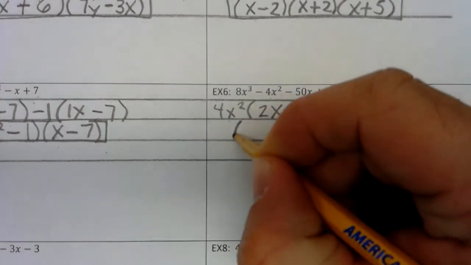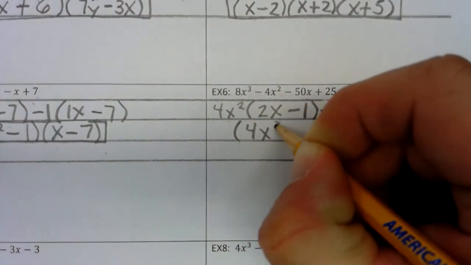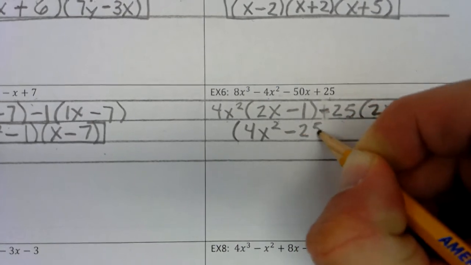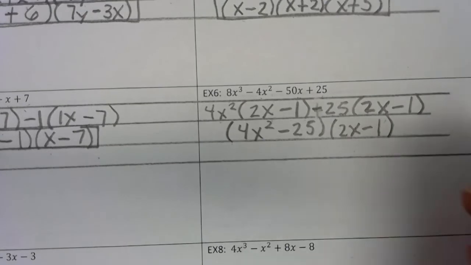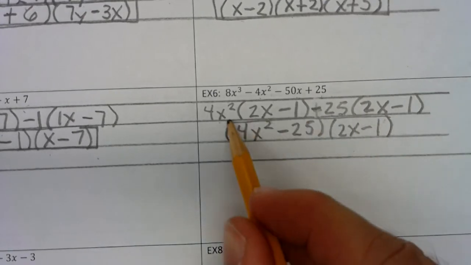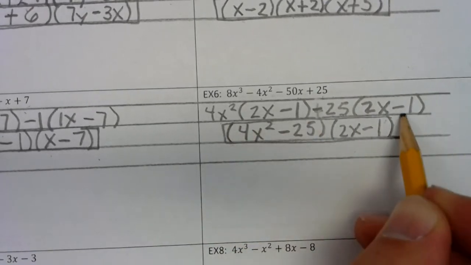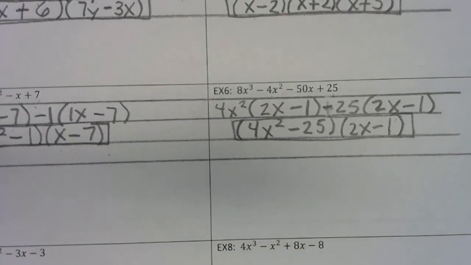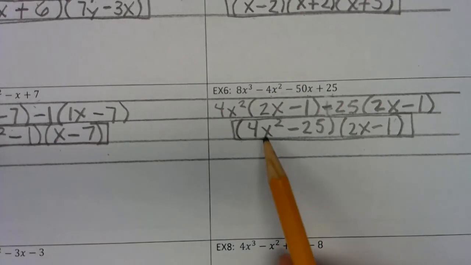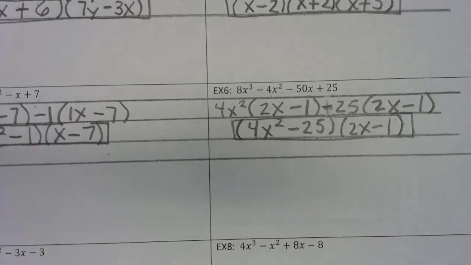Now we group these together, so that's 4x squared minus 25 and 2x minus 1. Wait a second. I put a box around that, but I forgot step 4, factor the greatest common factor or the difference of squares. These are actually a difference of squares, and you know that because 2 squared is 4 and 5 squared is 25.